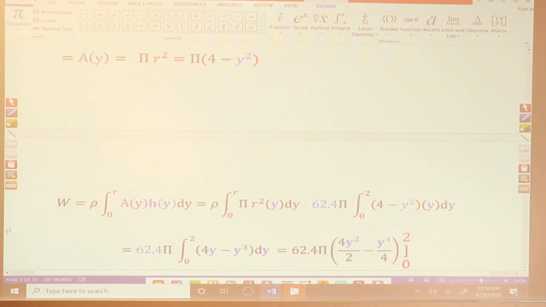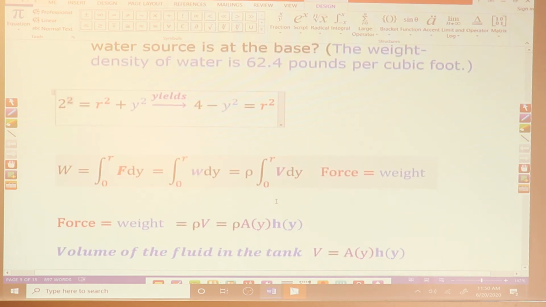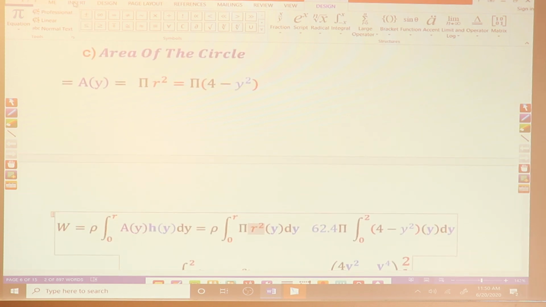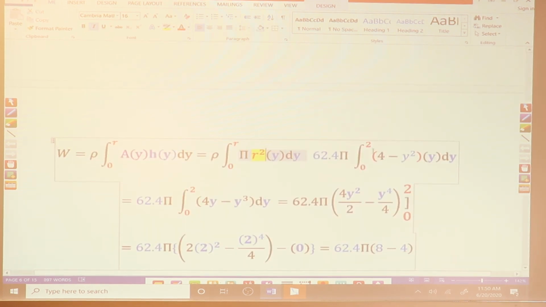Then work equals rho v. We end up with rho v, right? And change v to what? A y, right? So rho times pi r squared y dy. But you remember r squared is what? Equal to 4 minus y squared, right?